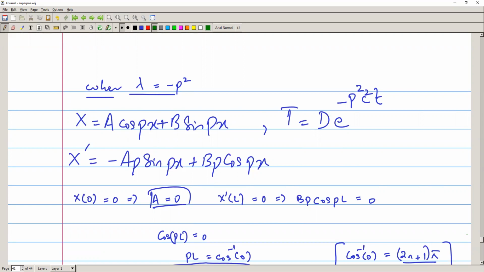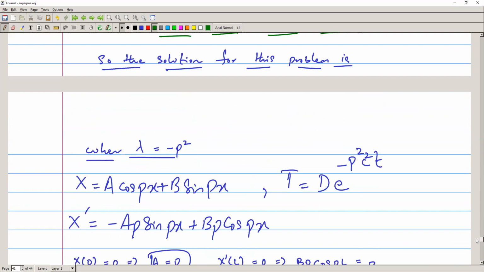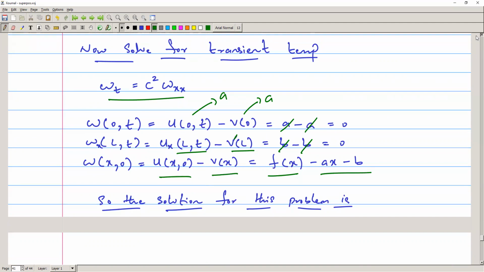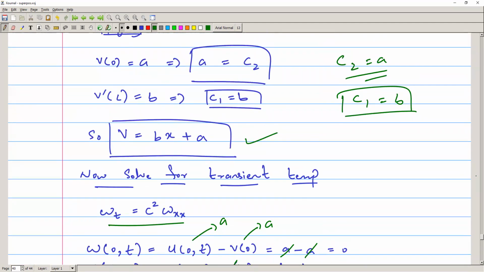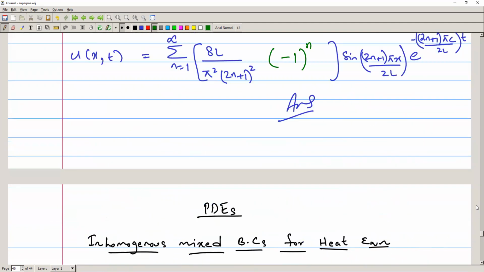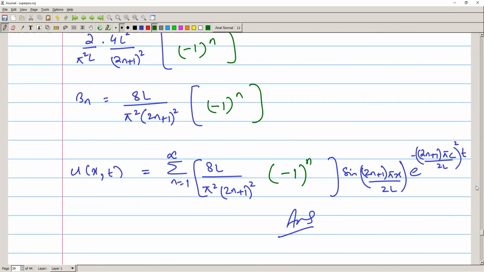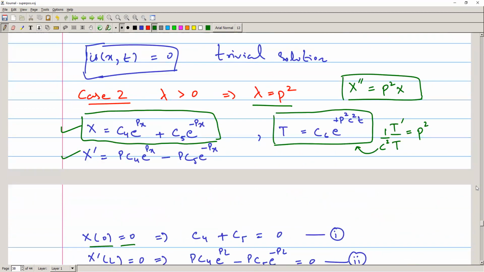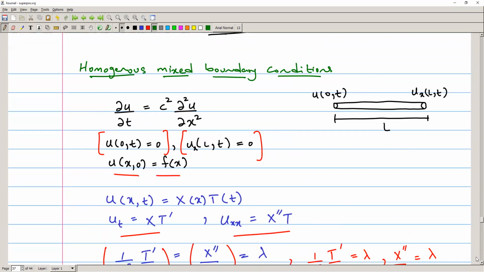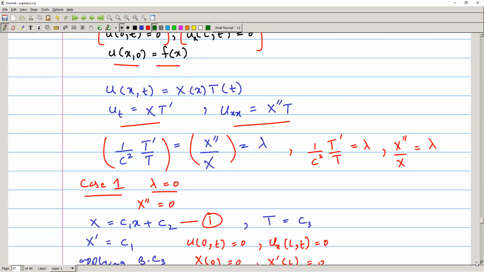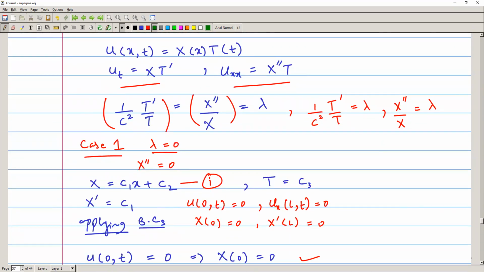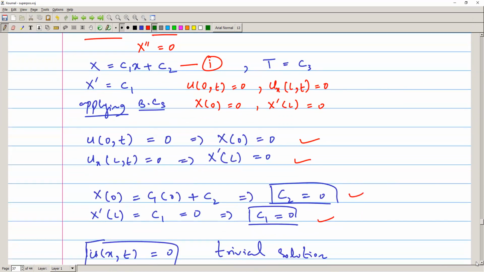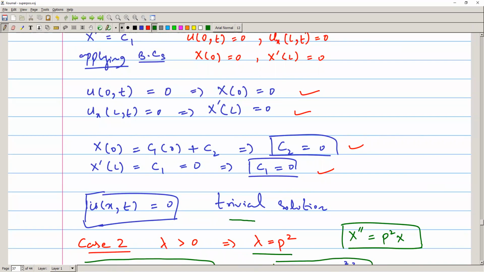As we have already seen in the case of the homogeneous mixed boundary conditions. Here we can see that we constructed the solution in this part. In this part, we can see that for lambda equal to 0, it was a trivial solution.